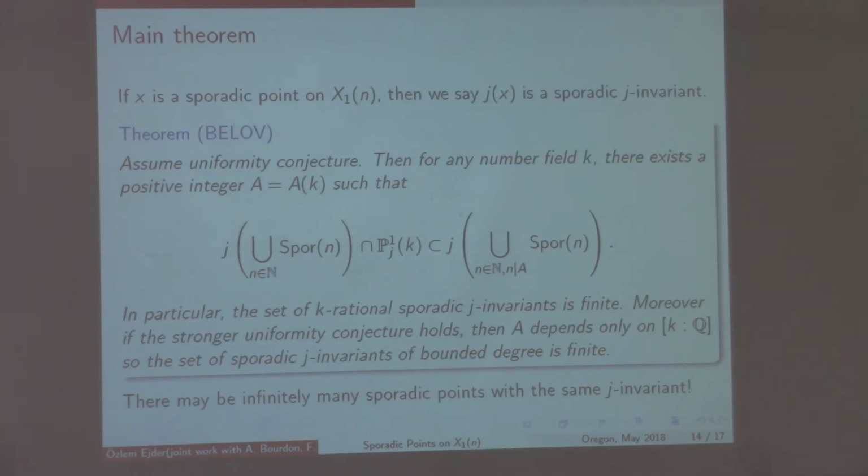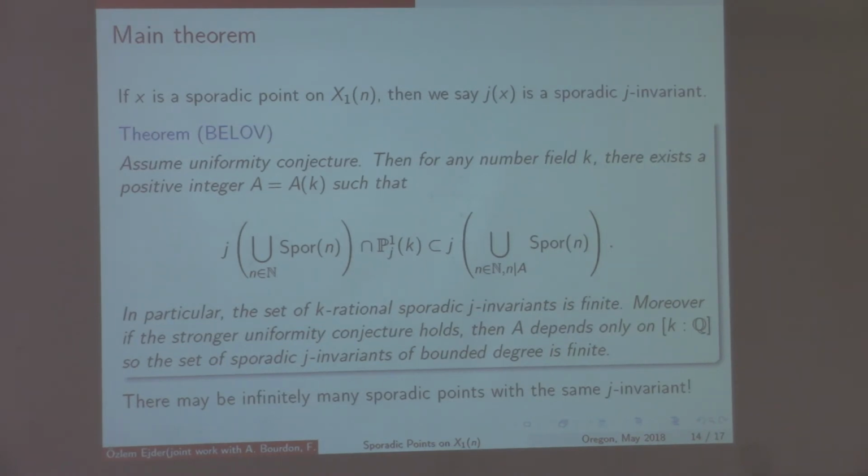So one would like to say that the set of sporadic points itself is finite, but it's not possible for now. But what we can say is that if you just look at the j-invariants of this set, that's going to be finite. And so what we don't know here is that for one j-invariant, you may have infinitely many points. And in fact, that may be true for CM elliptic curves.